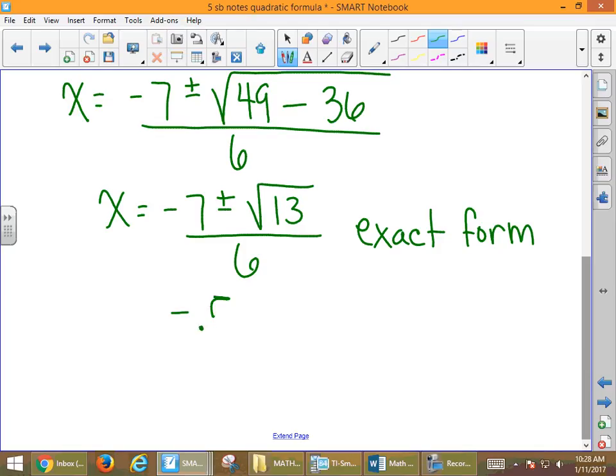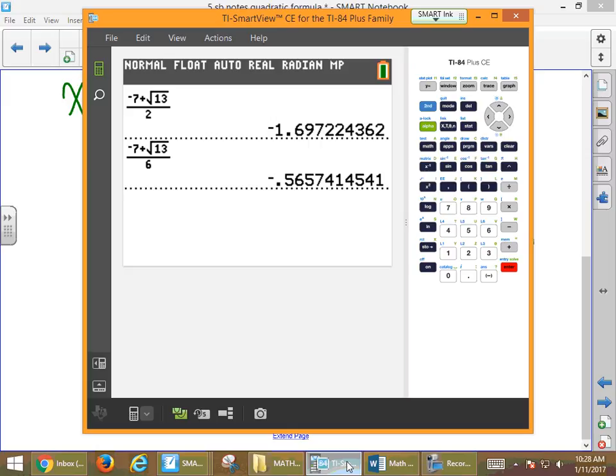Negative 0.57. But this is negative 7 plus the square root of 13 divided by 6. It is also negative 7 minus the square root of 13 over 6. And if you do have the newer version of the calculator, we can go back and highlight that value, press enter, and then when we type our backwards arrow here, all that we have to do is type in a minus, and that will give us our other value of negative 1.767.